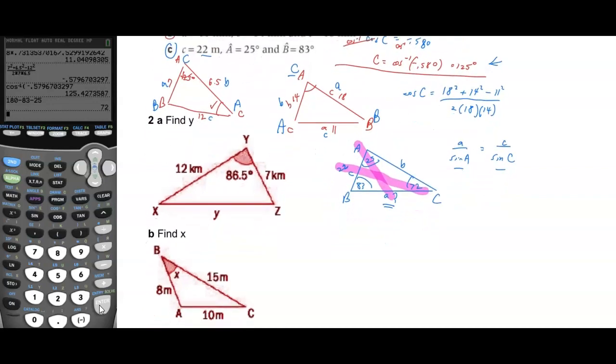Let's see, 2a. Find the side y. Okay, first of all, let's see if this is a law of sines problem or a law of cosines problem. If we want to know y, this is definitely relevant. Other than that, we have these two sides and we have this angle. Let's see, do we have two side angle pairs?